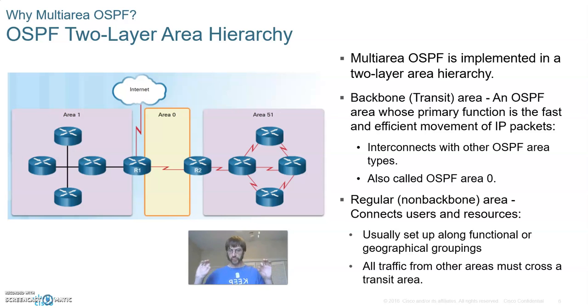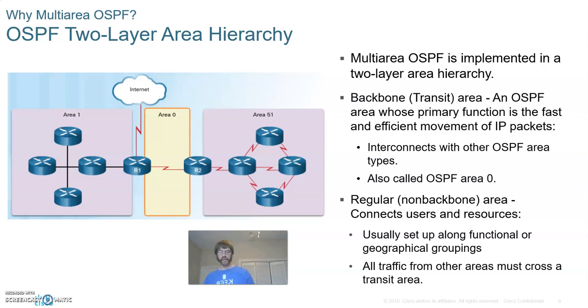Your users and your resources are there. They may be arranged geographically. They may be arranged functionally. Say, for example, you've got a big plant on a campus on one side of town doing one part of your job, say engineering or programming or manufacturing or whatnot. Maybe that's an area unto itself.